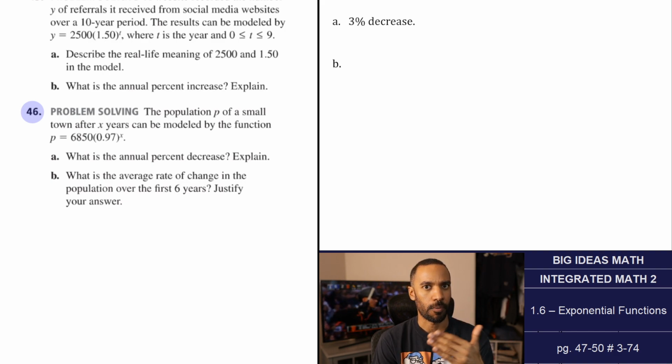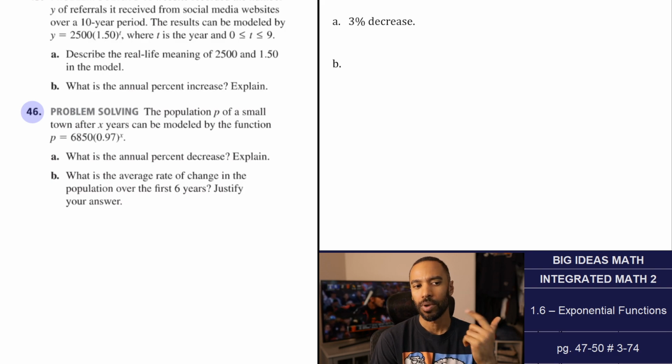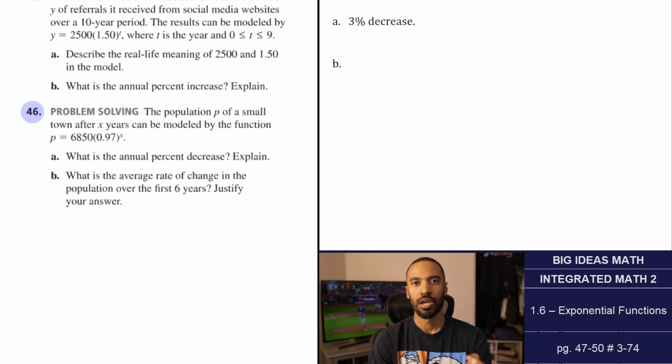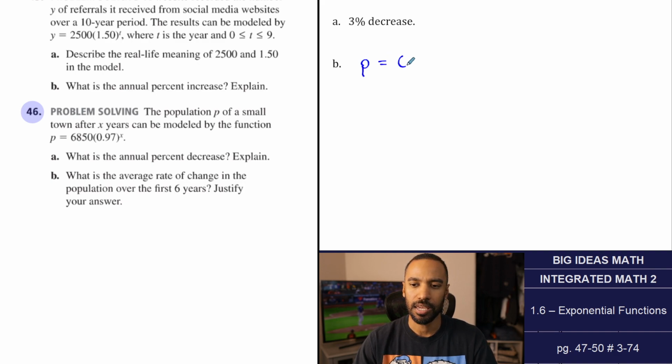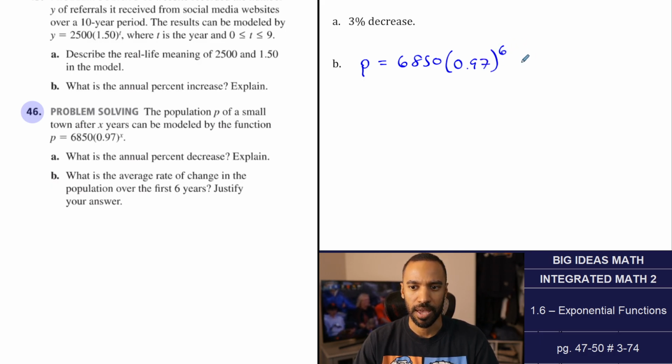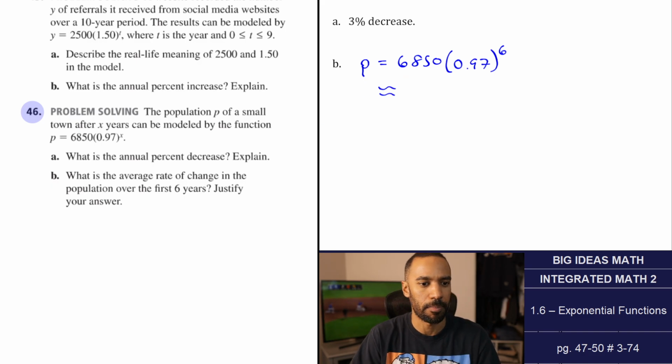What we have to do is determine what the population is 6 years later. So P equals 6850 times 0.97 to the 6th power. I'll round to the nearest whole number because population is people.